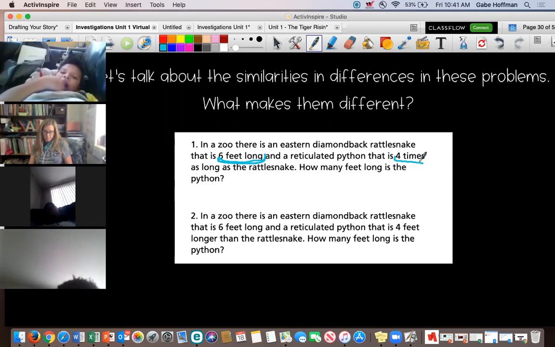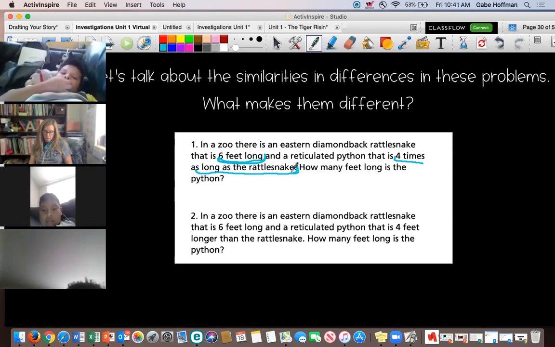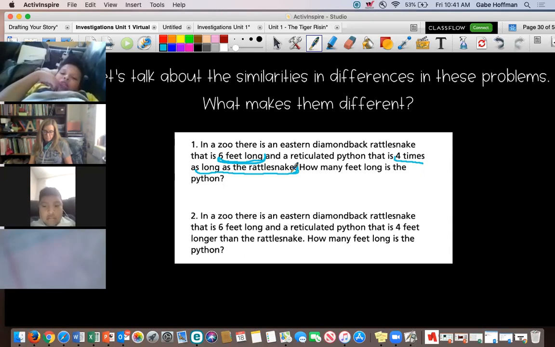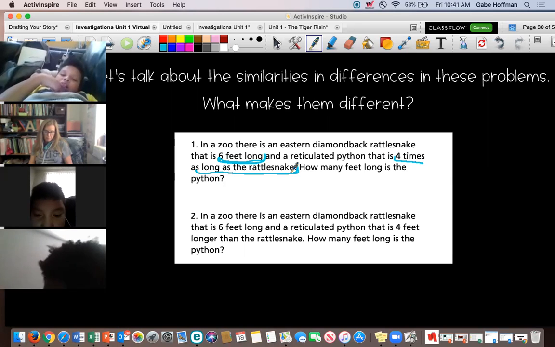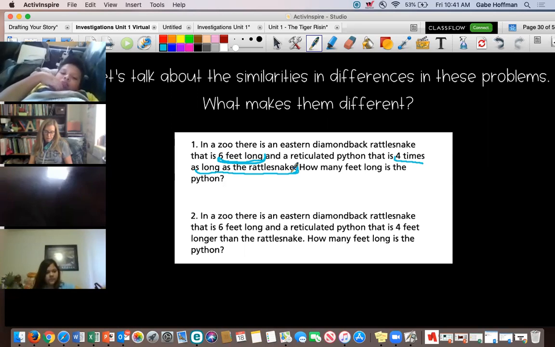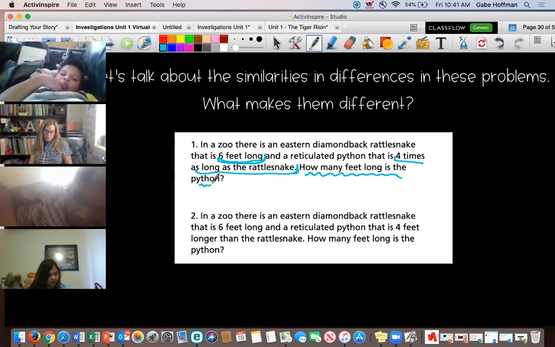Yep, so the python is 4 times as long as the rattlesnake. And then Alejandro, what question is it asking me? How many feet long is the python? Yep, how many feet long is the python?